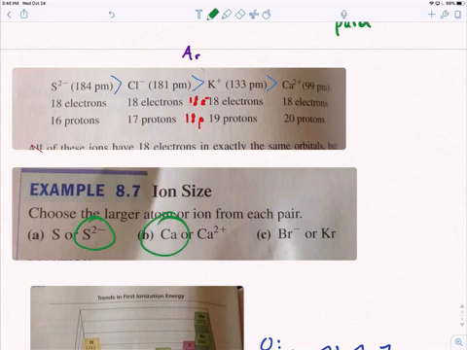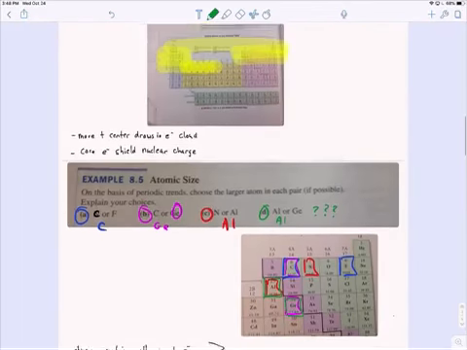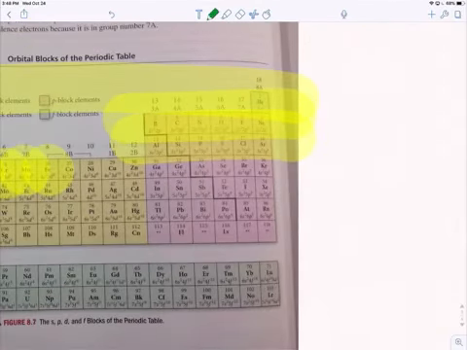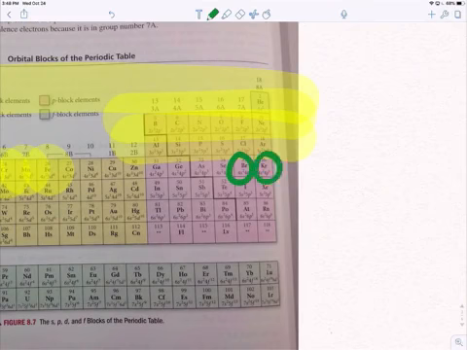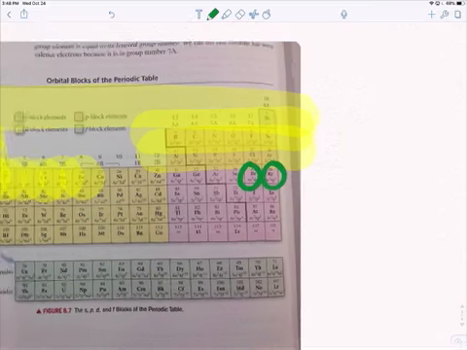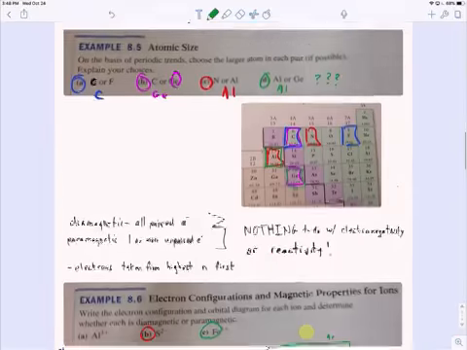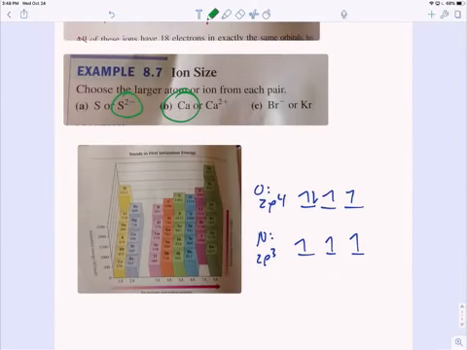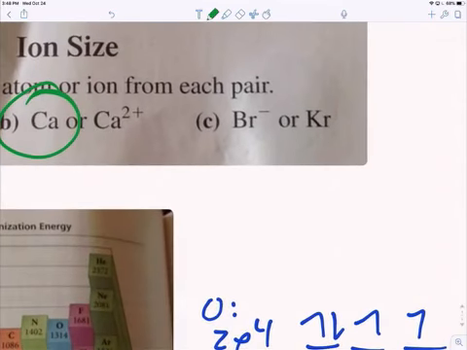Now we look at bromide and krypton. These are isoelectronic. So here is bromine, here's krypton. They both have 36 electrons. The difference is bromide has 35 protons, krypton has 36.